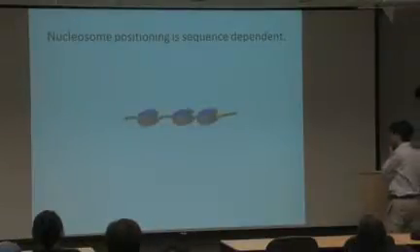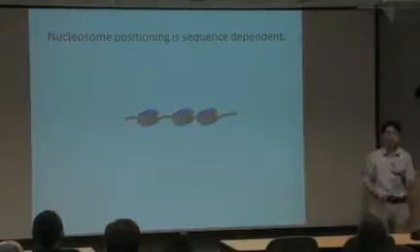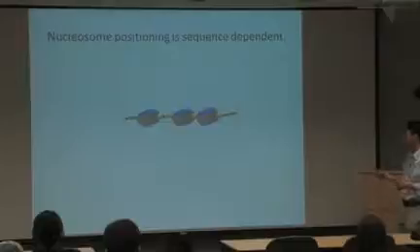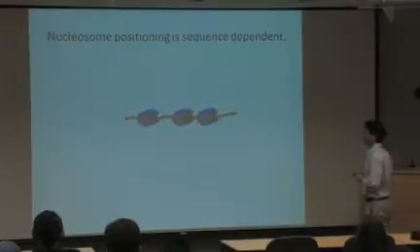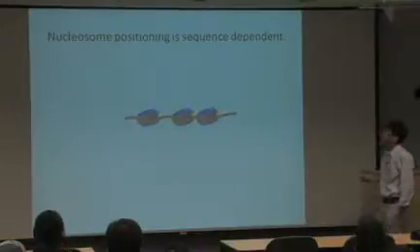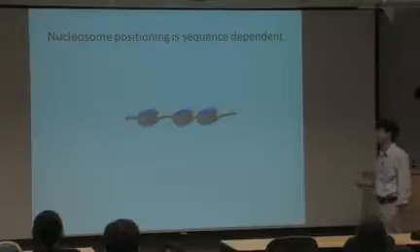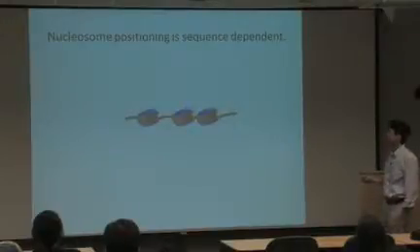What's interesting about nucleosomes is that they position neither randomly nor regularly. If you take a genomic DNA and map the positions of the nucleosomes, you find that there are some regions that don't like to form nucleosomes, whereas some regions like to form nucleosomes. As physicists, we tend to think this is because the mechanical properties of the DNA are not uniform as a function of sequence.